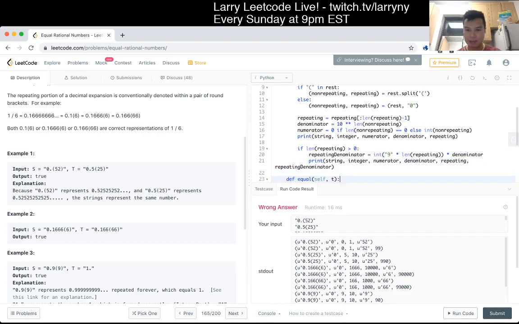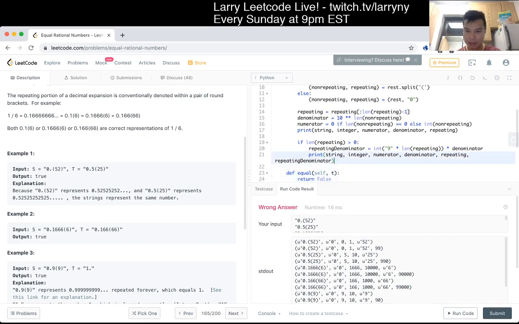And now we have, so this is the number that it represents in some way. And then now we have self dot numerator is equal to, okay, actually I guess maybe there's just two cases.